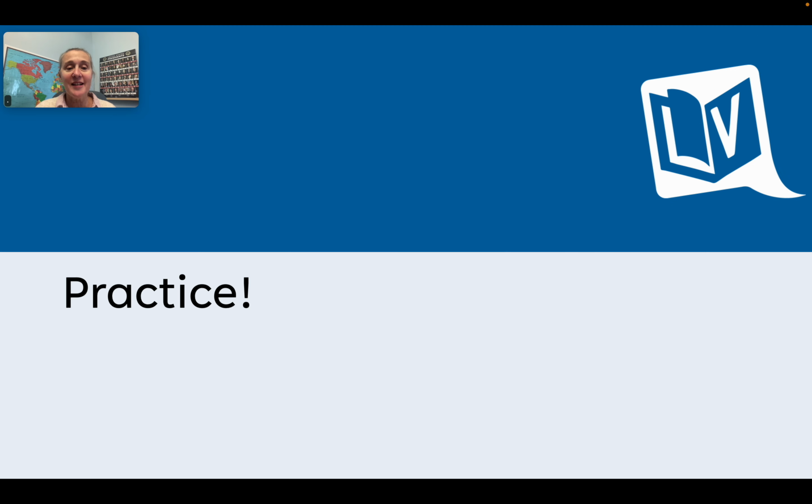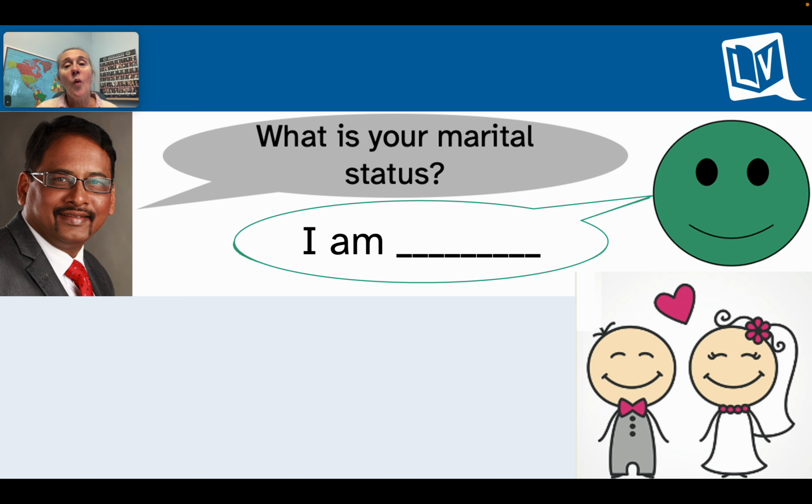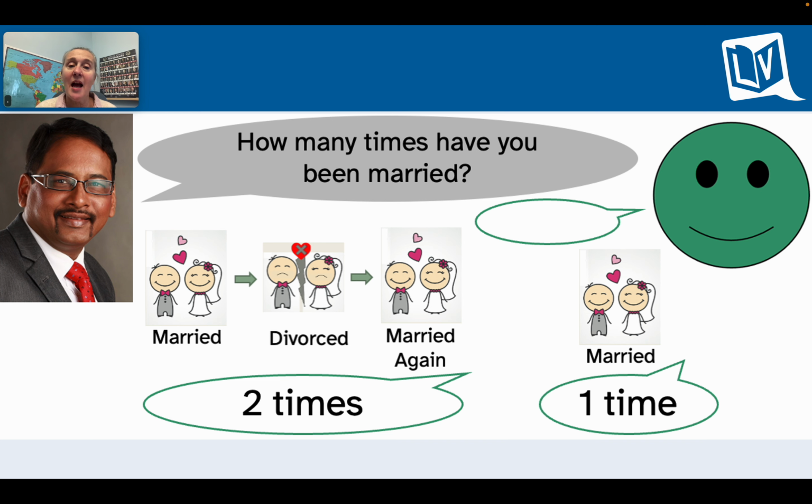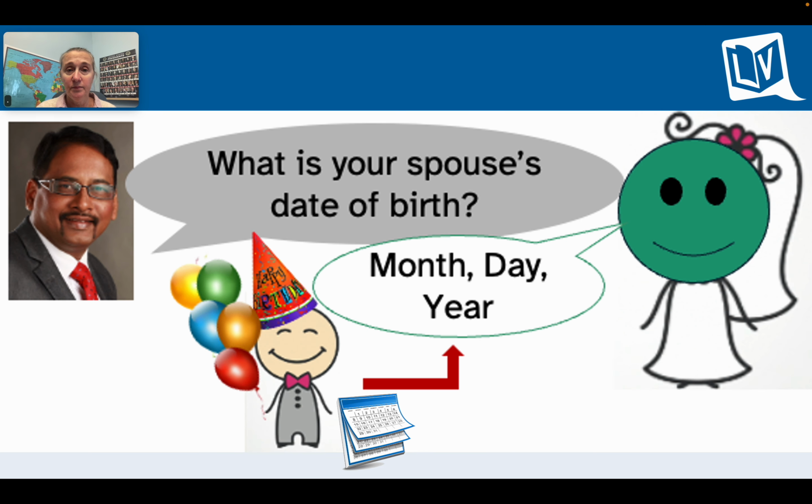All right, we ready to practice? What is your basis of eligibility? What is your marital status? How many times have you been married? What is your spouse's current legal name? What is your spouse's date of birth?